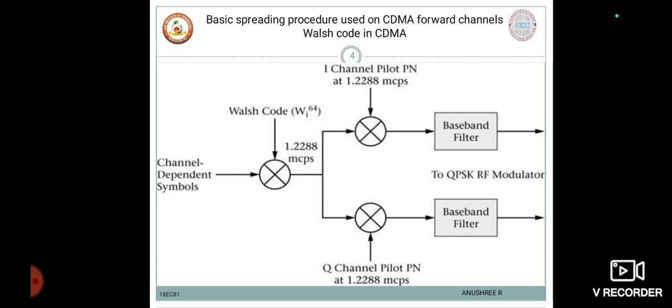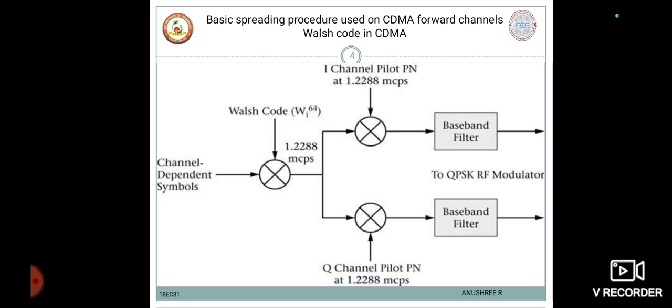The basic spreading procedure used on the forward CDMA channel is as shown here in this slide. We can see the digital signal to be transmitted over a particular forward channel is spread first by exclusive ORing it with a particular Walsh code.